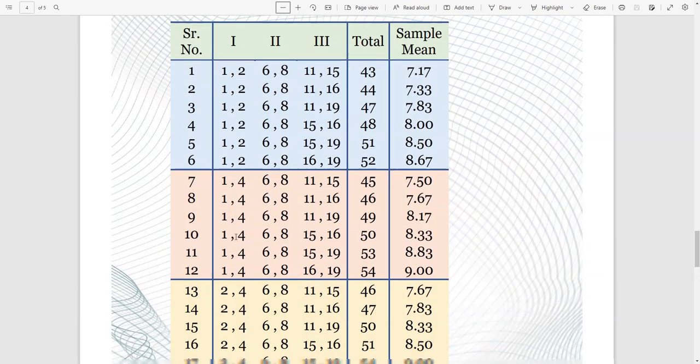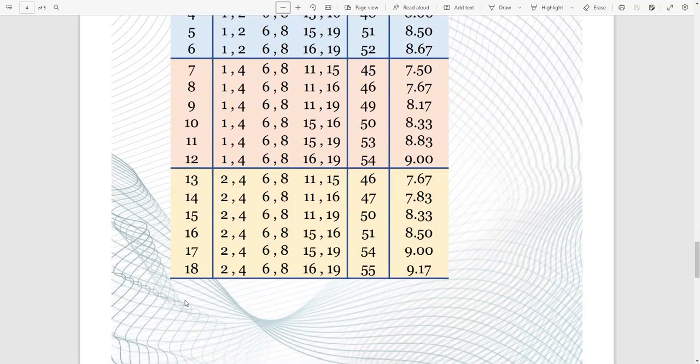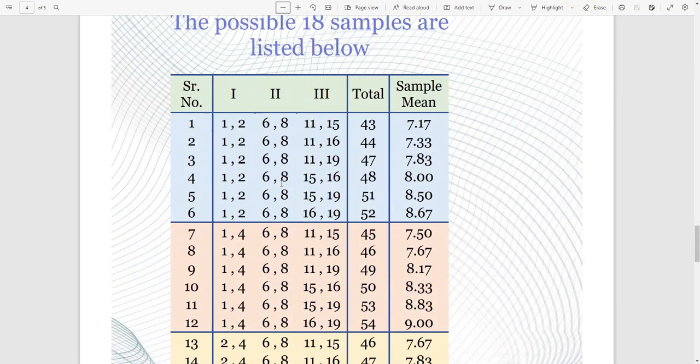So our first task is completed, and we have listed our 18 samples.